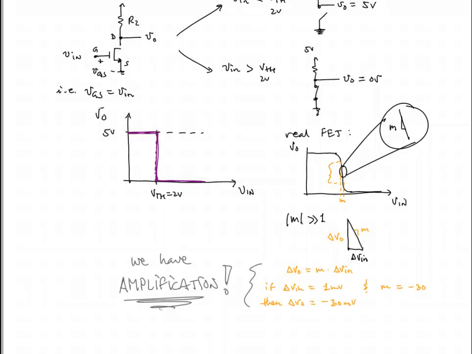We can use this same circuit to implement an analog amplifier, meaning if I have a sine wave that's plus or minus a millivolt, I can produce a sine wave that is plus or minus 30 millivolts. I put a bunch of those together and I can achieve a lot of gain. We'll look at that later, in a chapter or two, later on in our study of MOSFETs.